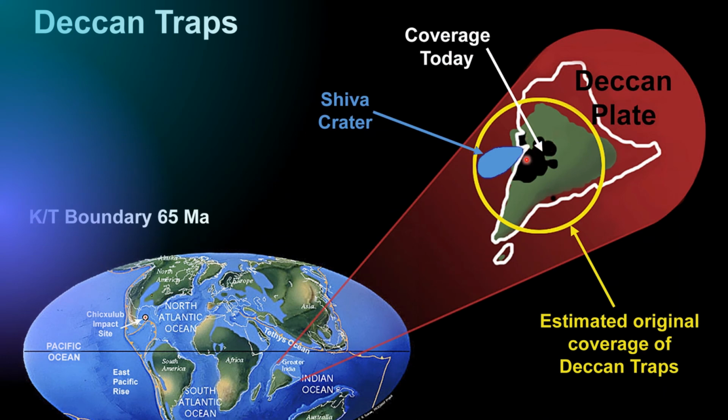Now, it was during this period, about 65 crore years ago, when the Indian subcontinent was shifting from the southern hemisphere towards the northern hemisphere, that the oozing out of the lava took place in the Deccan Trap.